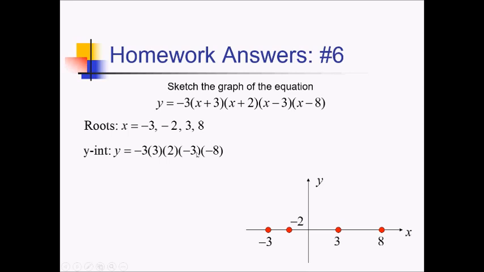I know that's 27. 27 times 2 would give me 54. And 54 times 8, well, that would be like 8 times 50 plus 8 times 4. So that would be 400 plus 32. So this is negative 432. You could have used a calculator, but hey, we didn't. Anyway, that's down below the x-axis somewhere down there. Not drawn to scale, though.